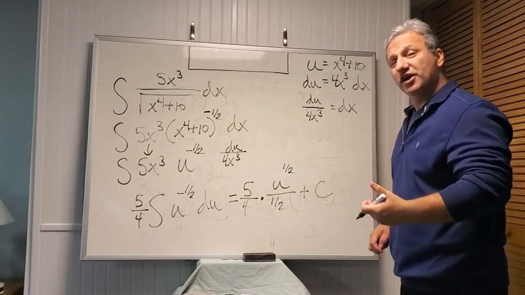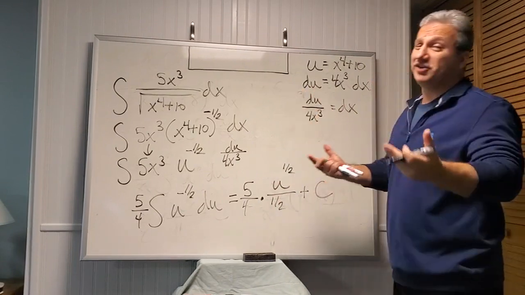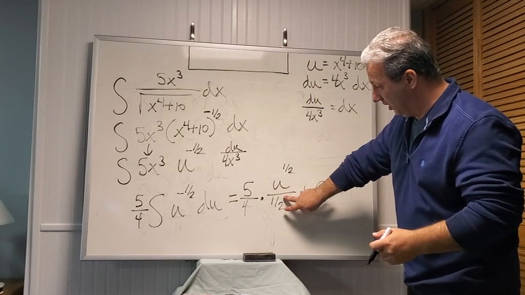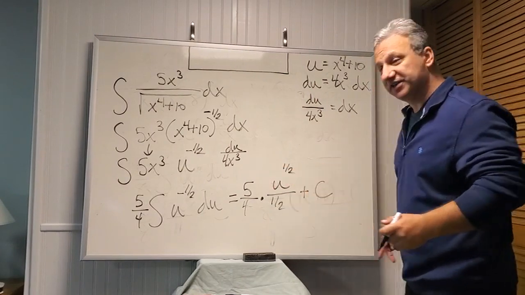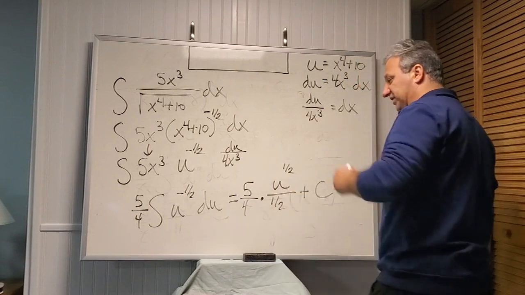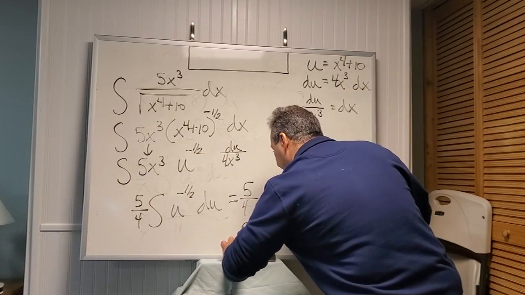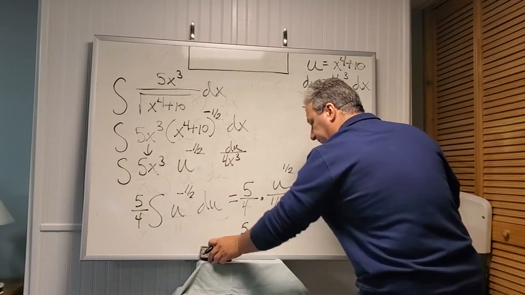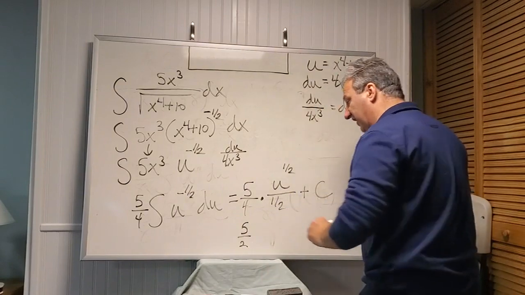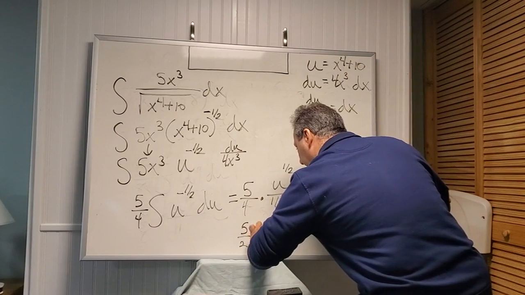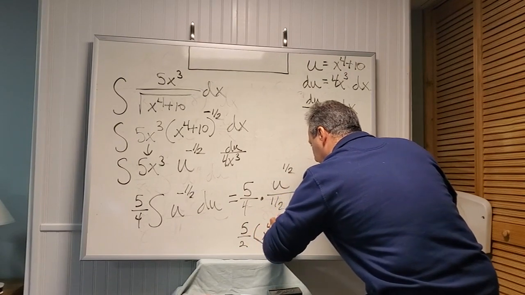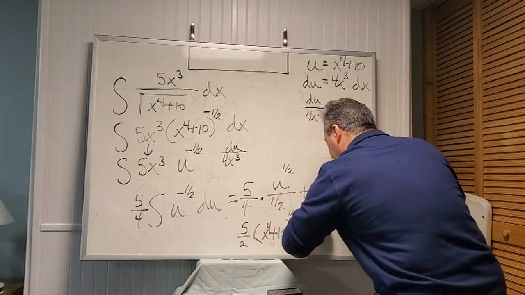Last but not least, plug in what u was and you're done. Now I'm going to do some algebra too. 1/2 flips and multiplies, okay? 1/2 flips and multiplies. So that really is, what is that, 5/2? When you do the math there, 5/2, bring this down, 5/2. The u, remember what the u was, x to the 4th plus 10, to the 1/2 plus c.